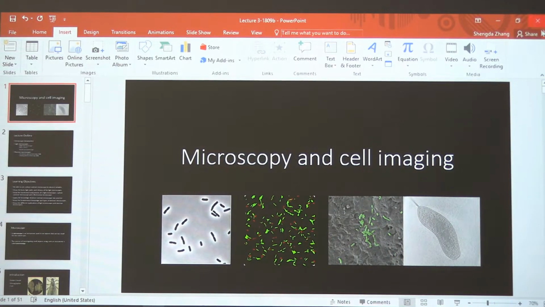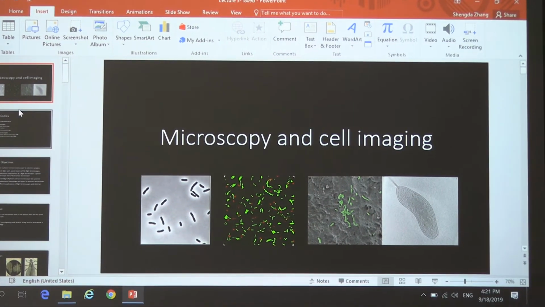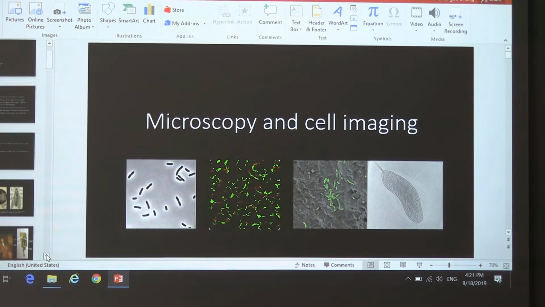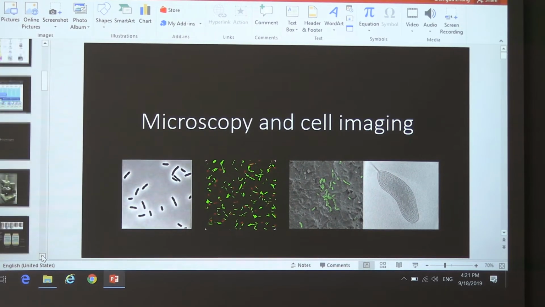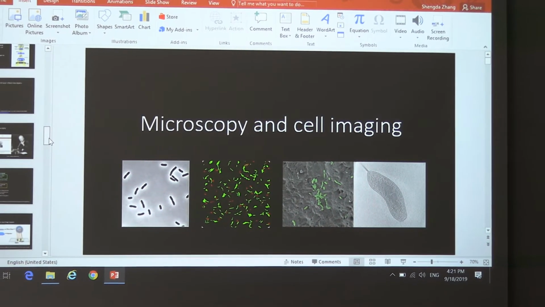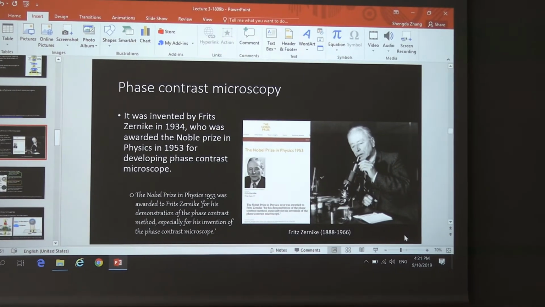So let's continue with the phase contrast microscope.